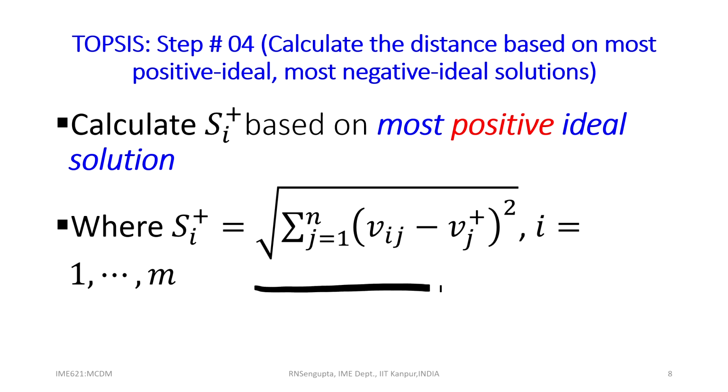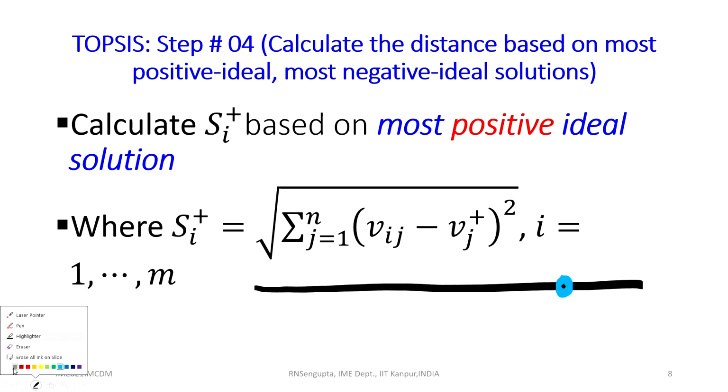Consider the line, this is the best solution, and this black spot is basically the Vij's, and the blue one is the best. Similarly, I have the worst also, because that is the max and min.